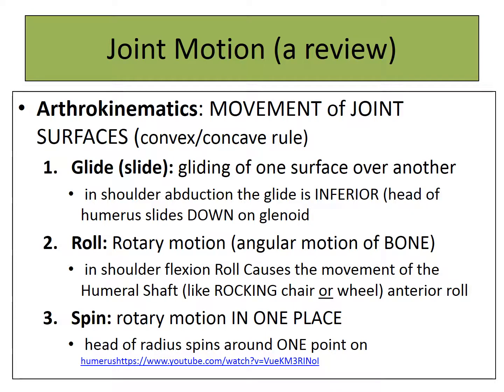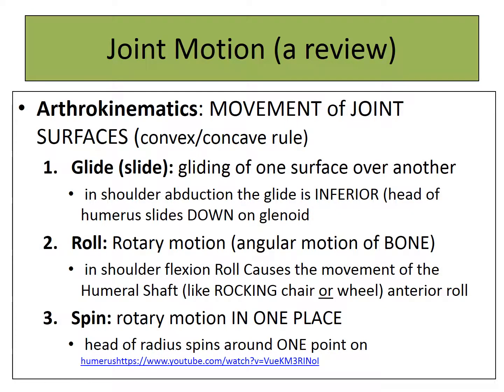So if we look at the convex-concave rule, what we have here is a convex surface, the humeral head, moving on a concave surface, which means that the glide and the roll are going to be in opposite directions. If we have a concave surface moving on convex, if we think about the knee joint, then we are going to have the roll and the glide in the same direction.